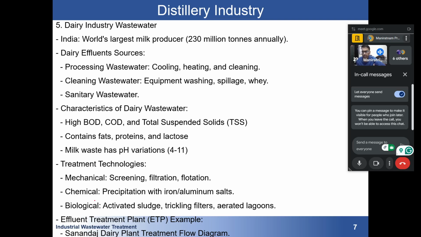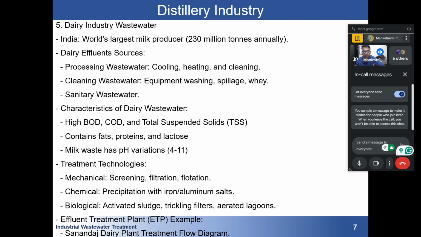Then the treatment methods. First, mechanical screening and flotation to remove suspended solids. Then chemical treatment, as there might be something which can be precipitated. Then biological treatment, since a high amount of COD, BOD, and organic matter is there.